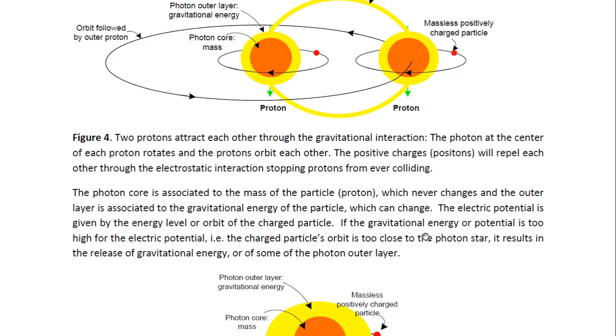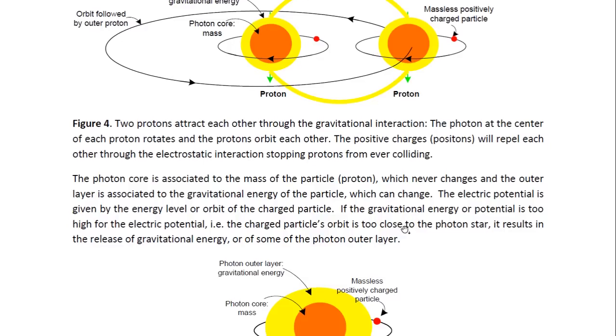The electric potential is given by the energy level or orbit of the charged particle. In other words, how close the charged particle orbits to the outside layer of the proton, of the photon at the center of the proton.